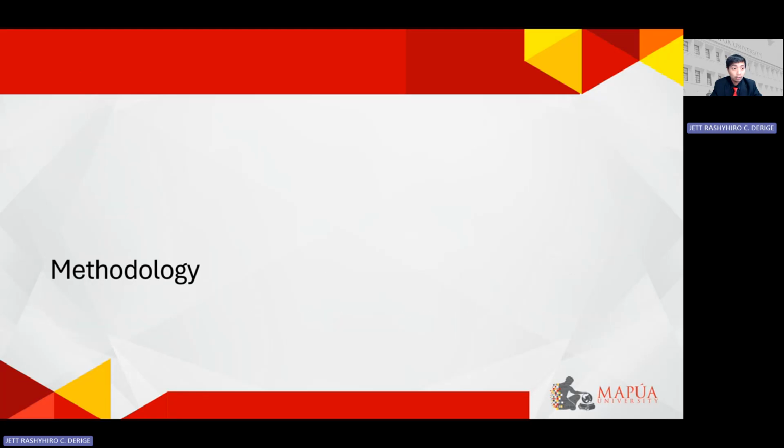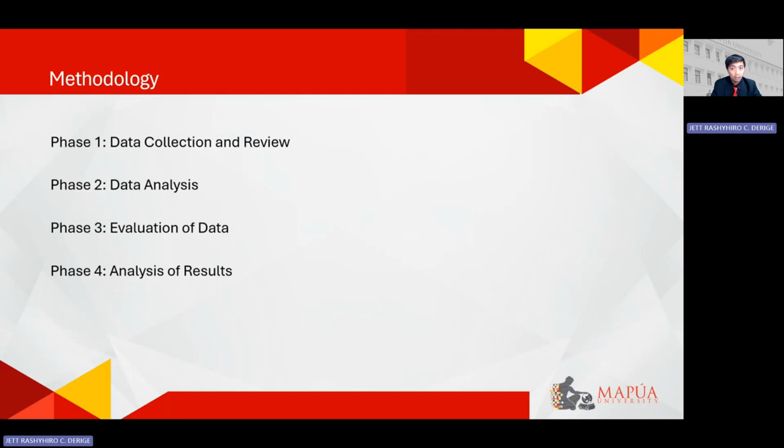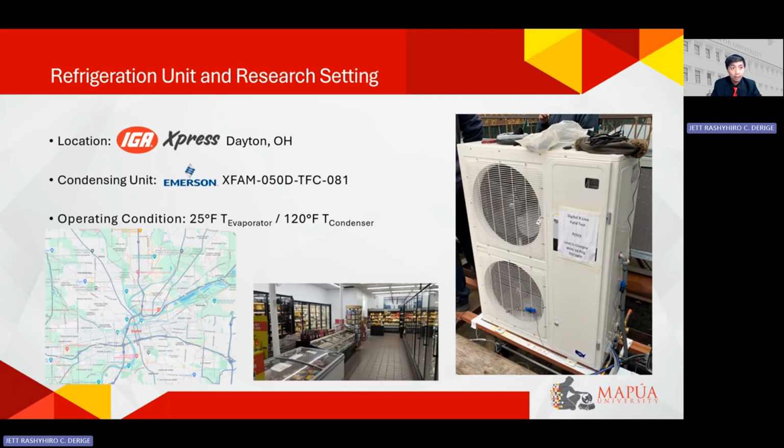So a quick refresh on the methodology. This is a quantitative approach, and it would be having four phases. So let's quickly walk through. For the research setting and the specific refrigeration units, it's located on IGA Express, Dayton, Ohio.